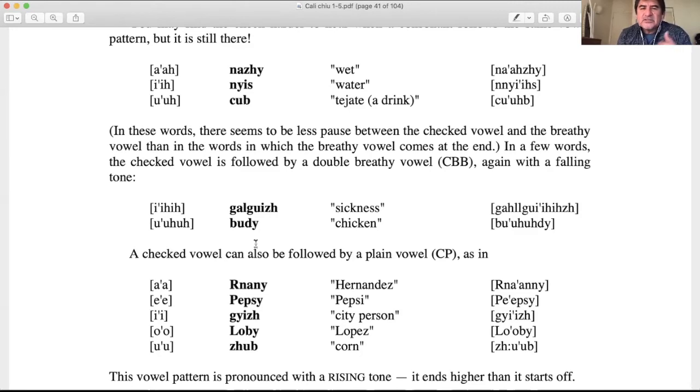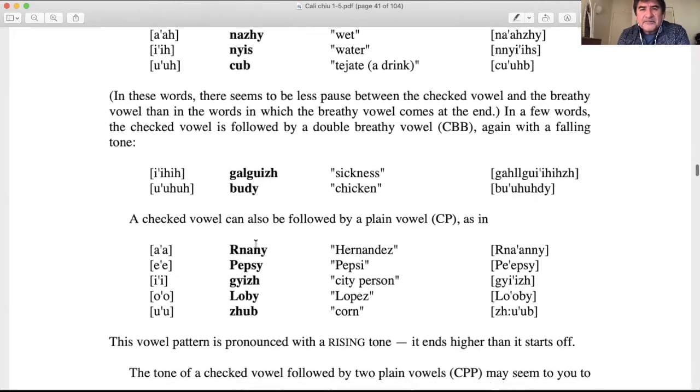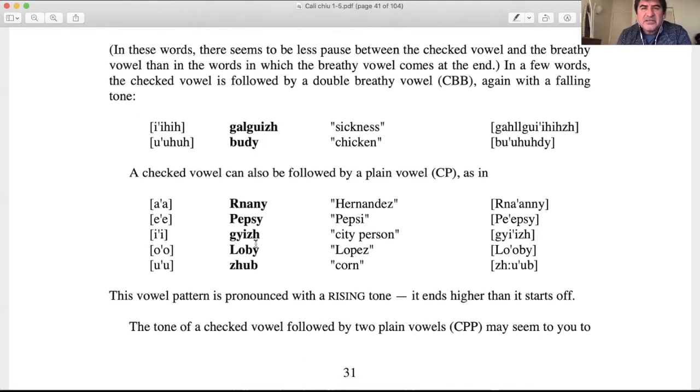It's this really long breathy vowel that just carries over. So that's another type of combined vowel, between a checked vowel and breathy vowels. And since we already looked at the plain vowels, we also have a combination of checked vowels with a plain vowel, as in the next example.